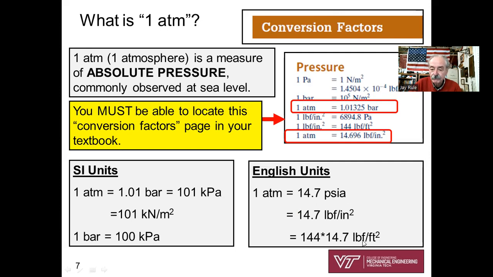If you're interested in finding that in pounds per square foot, you do the units conversion. There are 144 square inches in a square foot, so 1 atmosphere is the numerical result of 144 times 14.7.